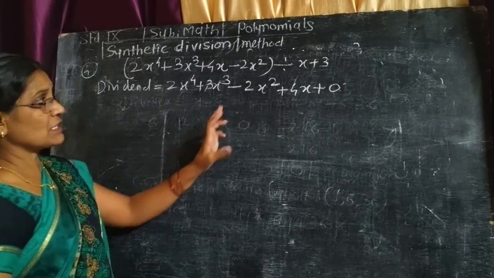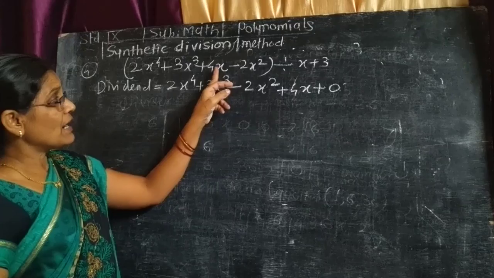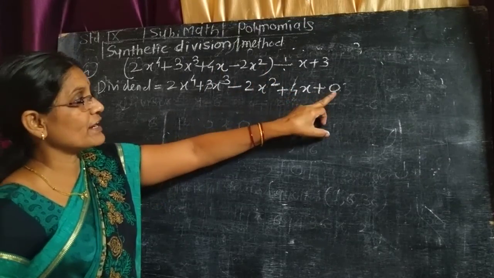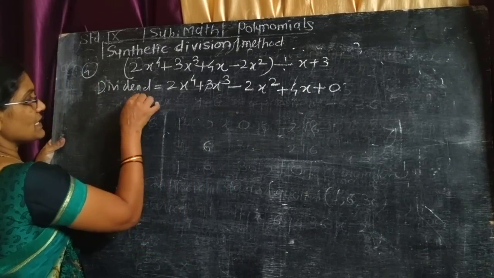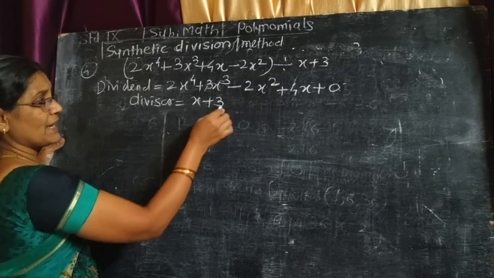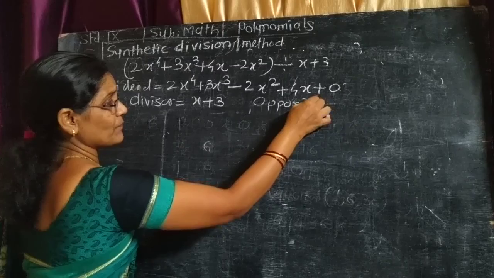Note what was changed: I wrote minus 2x square first because its power is 2, and this 4x later, and constant term is absent, we have to write down for that 0. Now divisor is x plus 3, and opposite of this x plus 3, that is minus 3.